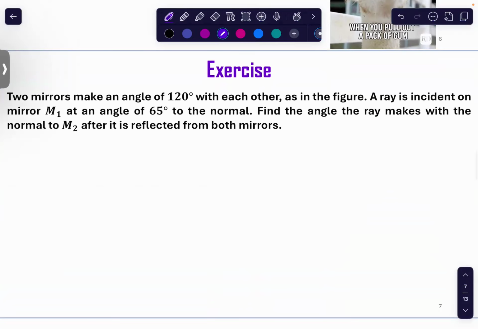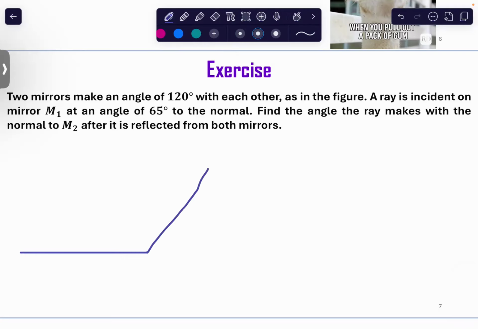All right. So let's see here. We have two mirrors. They're going to make an angle of 120 degrees with each other. Okay, so I'm going to draw that mirror. And I'm going to draw that mirror. And one and two. Okay, a ray is incident on mirror one at an angle of 65 degrees to the normal. Find the angle the ray makes with the normal of M2 after it's reflected from both mirrors.